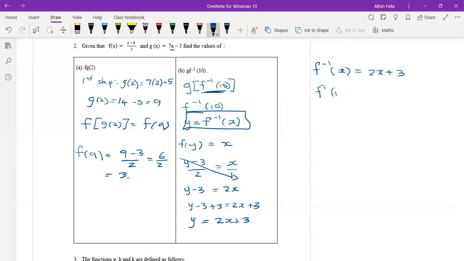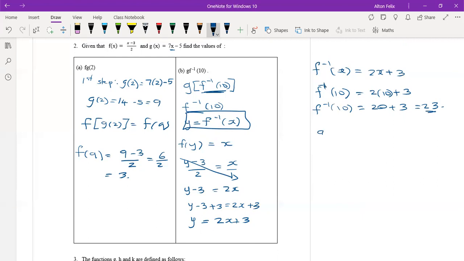F inverse of 10, where we see x, we're going to put 10. This is equal to 20 plus 3, which is equal to 23. Right, f inverse of 10 is 23.